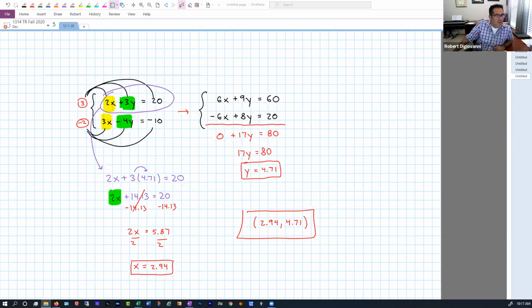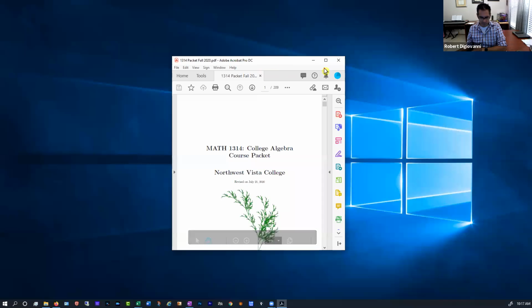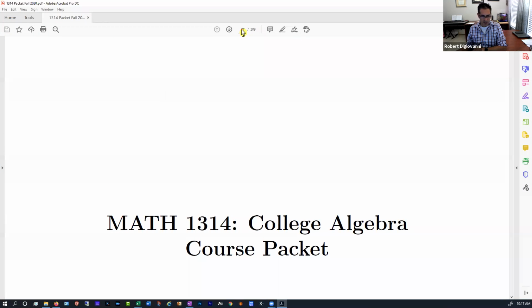Where is it? There it is. There we go. Trying to get the packet opened up here.